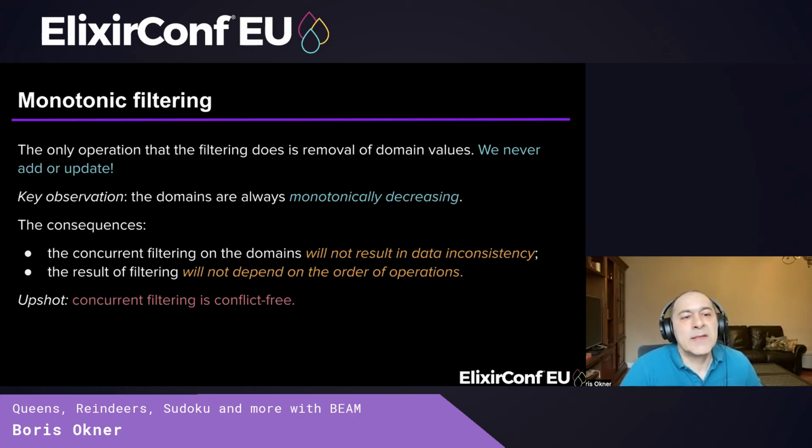So the domains always go down in a monotonic manner, and that gives us a chance to have concurrent conflict-free filtering. So meaning that the concurrent filtering on the domains will not result in data inconsistency, and the result of filtering will not depend on the order of operations. Those are very beautiful consequences for us.